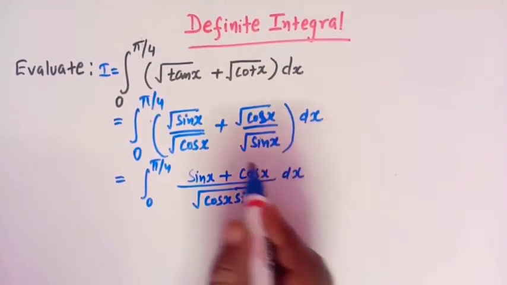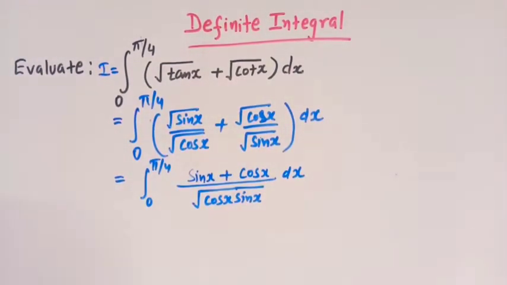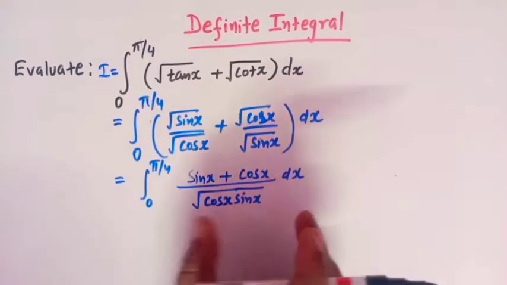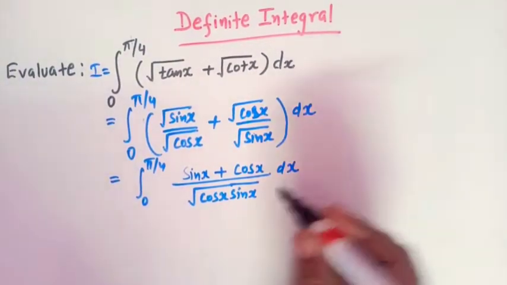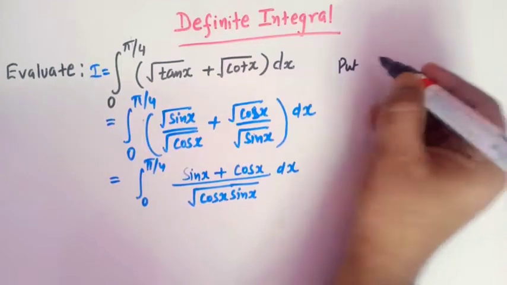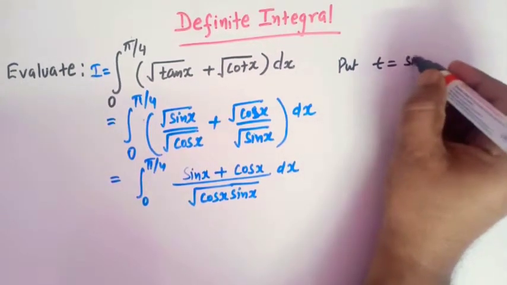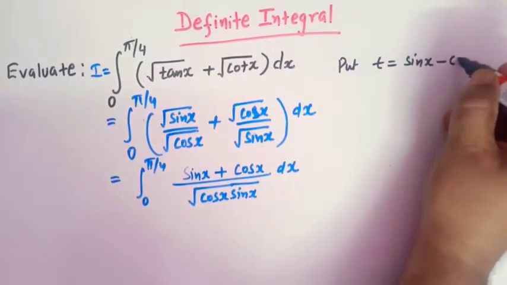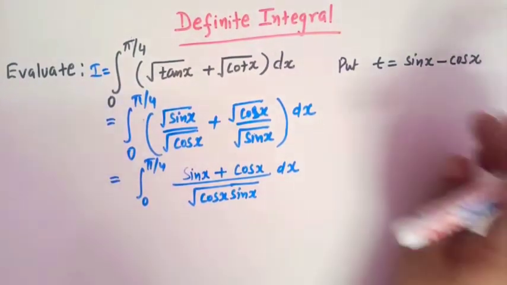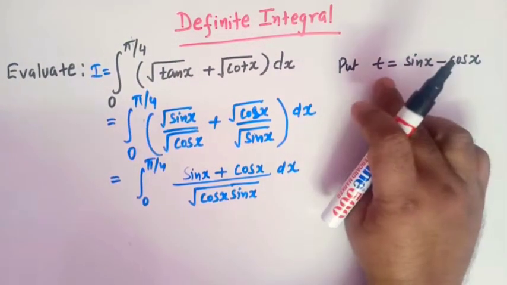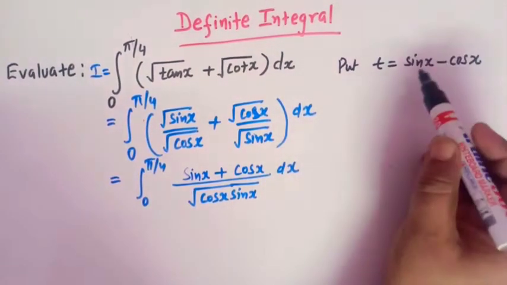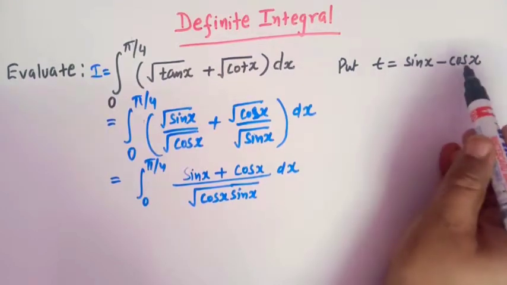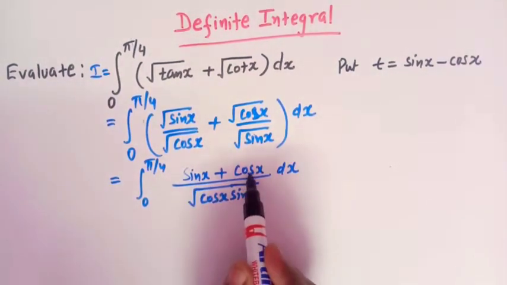Now that we have obtained this function, we can integrate it by the method of substitution. Let us substitute t equal to sin x minus cos x, because the derivative of sin x minus cos x is sin x plus cos x.